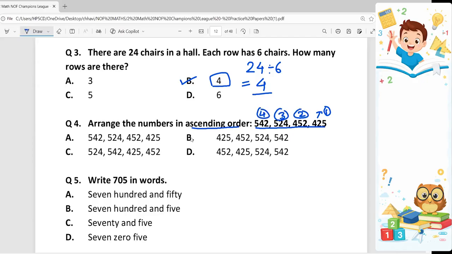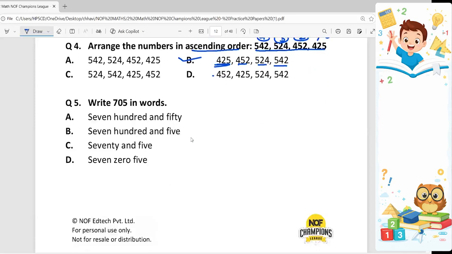Now we have to find the sequence in which 425 is the first number. So option B is the correct answer because it is 425, then 452, then 524, and then 542.